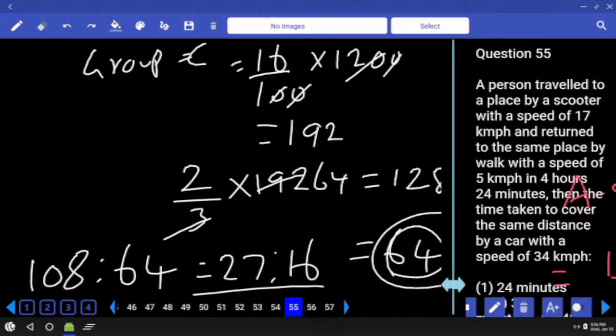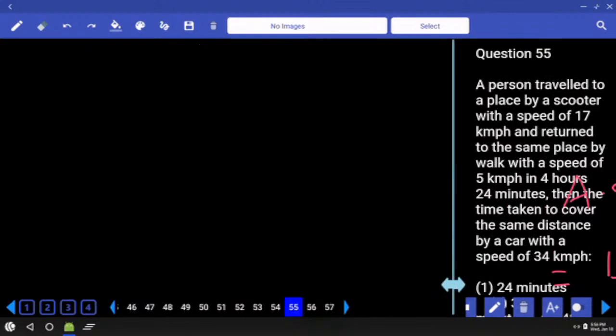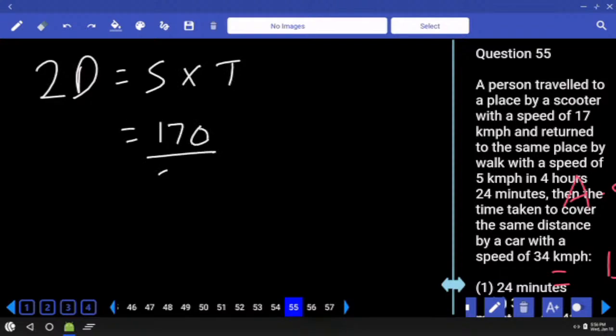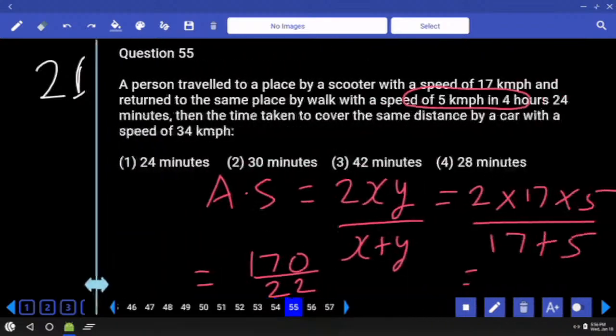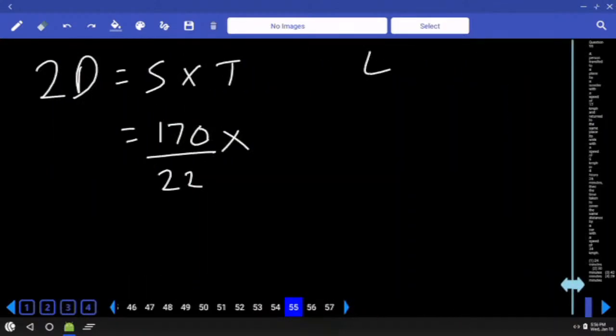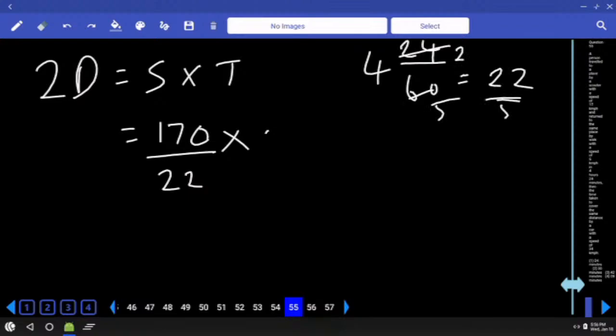First of all, tell me, is average speed for only one side distance or both side distances? Both sides. For both sides it is taking 4 hours 24 minutes. Therefore distance, let's say the distance is D, it should be 2D, two sides. Here is the trick in the question. Speed into time. Speed is what? 170 by 22 into time. Time is 4 hours 24 minutes, that is 424 by 60, which is 22 by 5. Yes or no? 22 by 5 hours, so these two cancel.